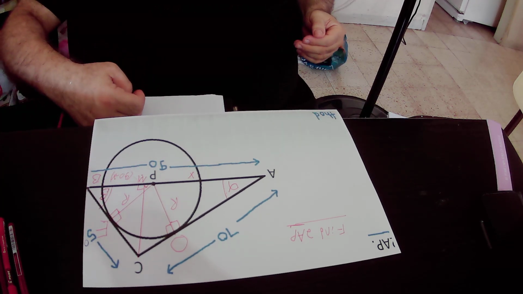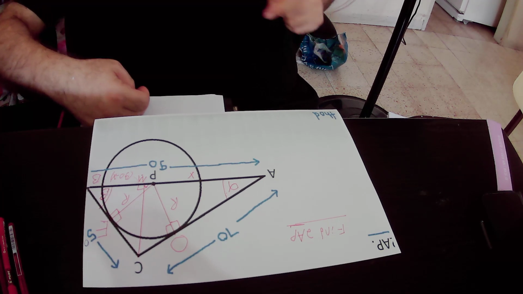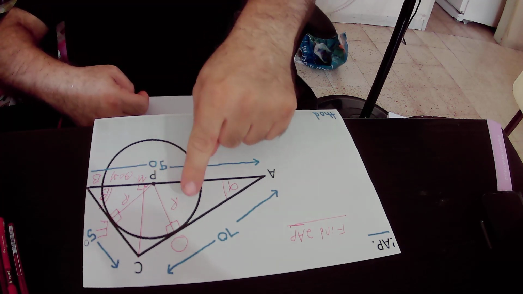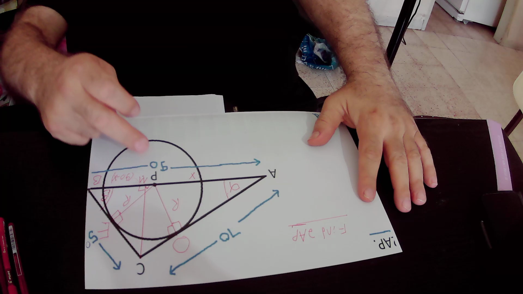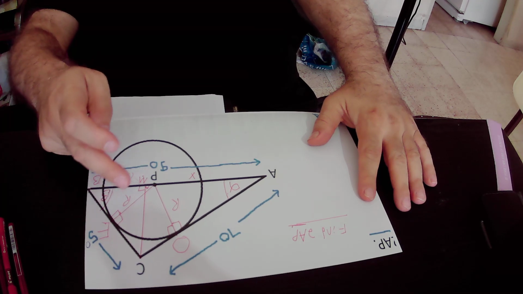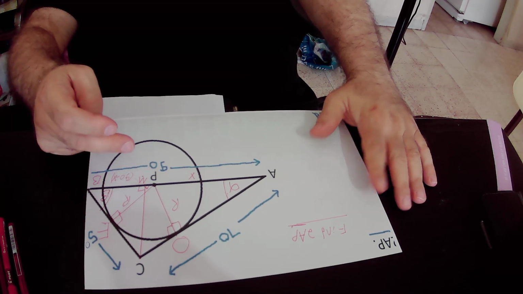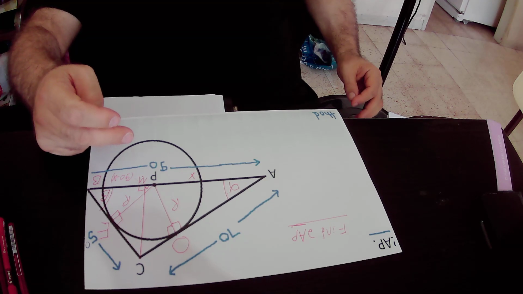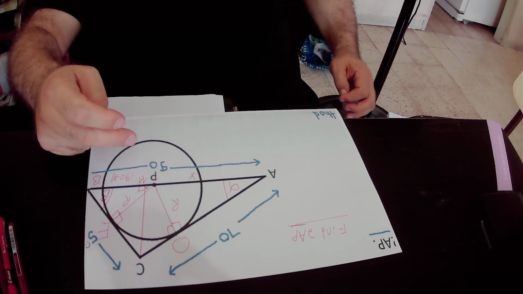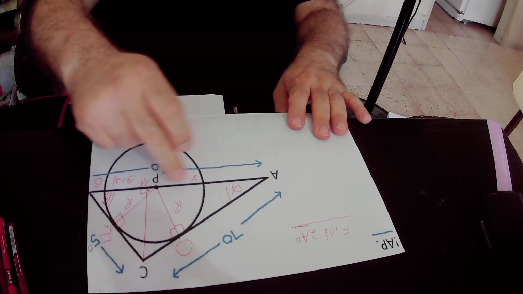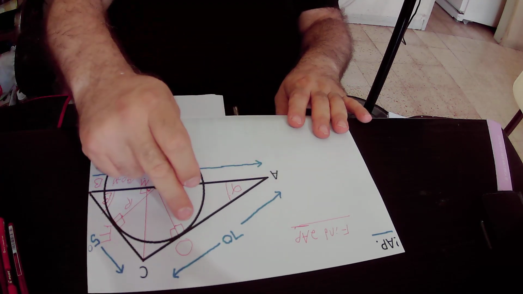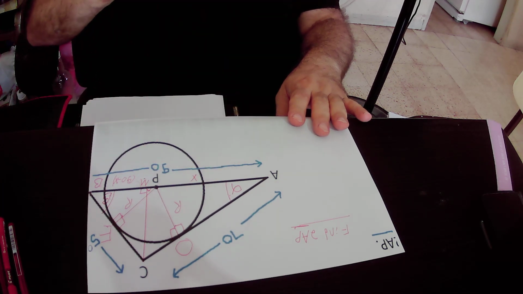So we connected points O and P together by a straight line, and OP is the radius of the circle. We connected points P and E together, and PE is the radius of the circle. We have a rule that states that in any circle, a radius and the tangent to that radius are perpendicular to each other.